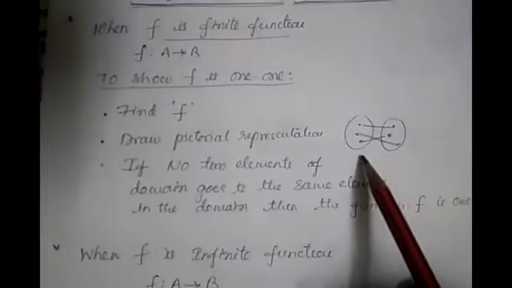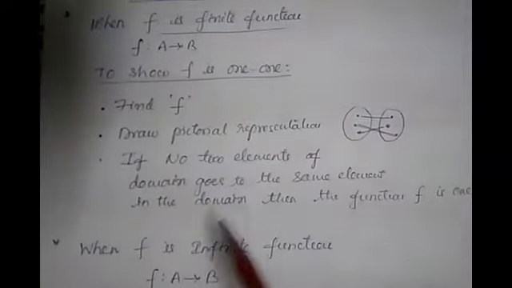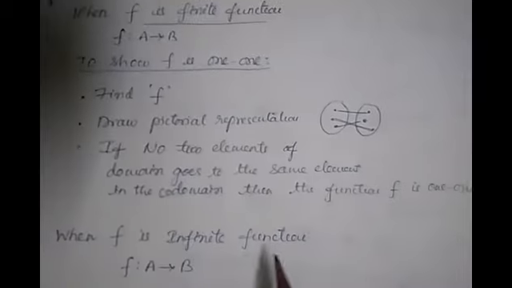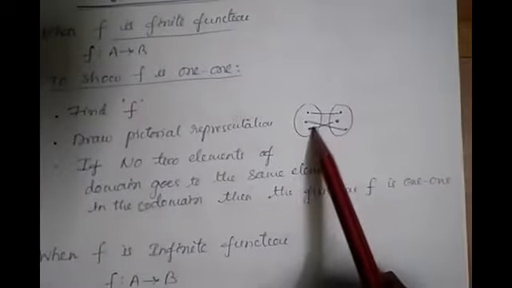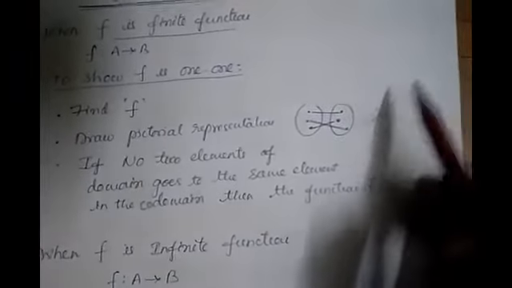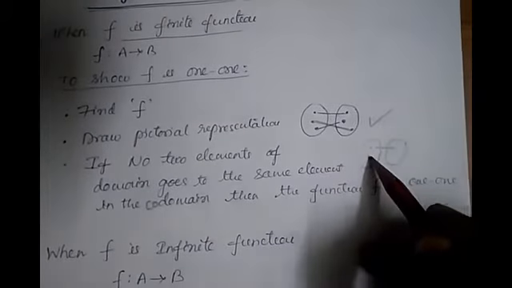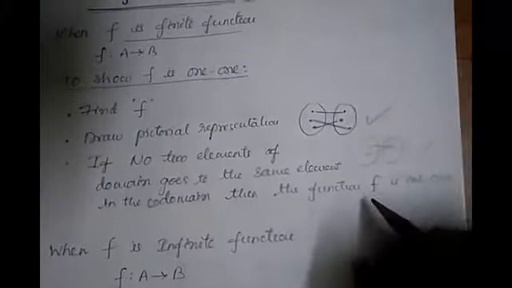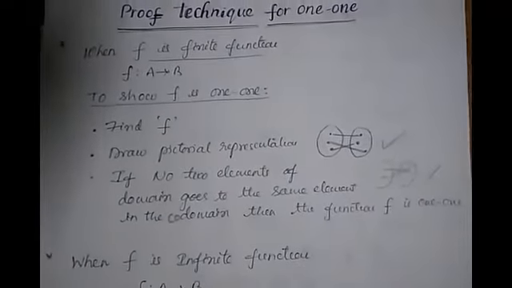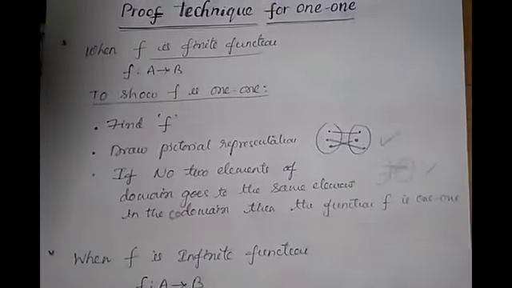Draw the pictorial representation. If no two elements of the domain go to the same element in the codomain, then the function is one-one. That means if the pictorial representation is like this, it is one-one. If it is not like this, that means two elements go to the same element, it is not a one-one function. In this manner, you can find whether the function is one-one or not for a finite function.